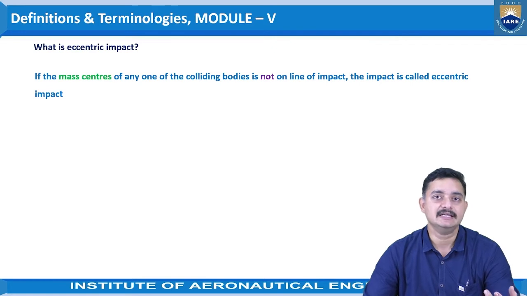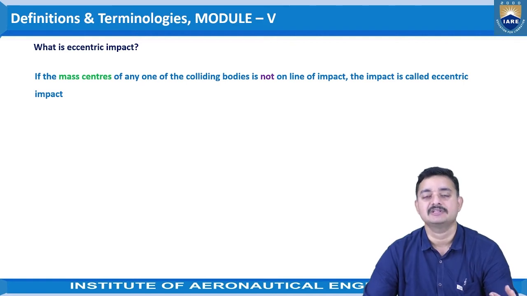When playing cricket, the ball comes in one direction and the batsman holding the bat hits the ball in one direction. The mass center of the ball and the mass center of the bat will not be on the same line of impact, but the collision happens. So that would be our best example for eccentric impact.